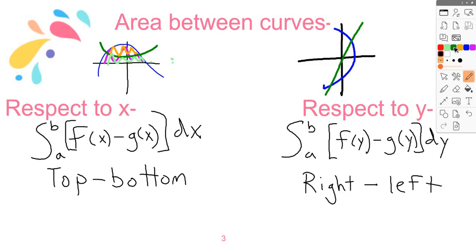The other important thing to note is that these are y values. So a and b would be on my y-axis, versus here they're on my x-axis. Questions so far?